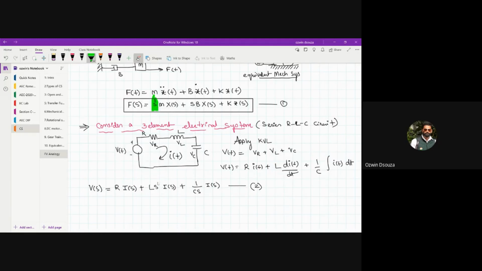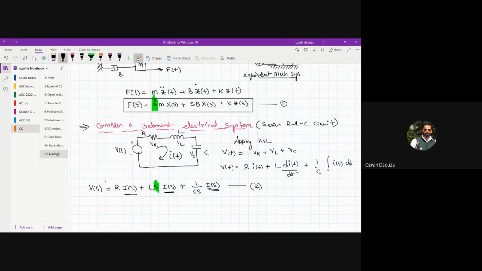On the other hand, the highest power of s in equation 2 is 1. So you cannot compare equation 1 with equation 2 because the two degrees are different. So what you have to do is, with a meaningful substitution, bring equation 2's degree to 2. Now, how do we do that?